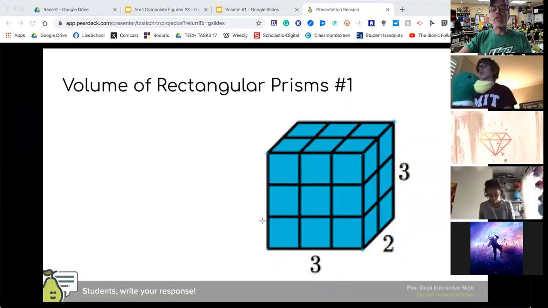Okay, so let me ask you this, Betty. What is the bottom layer of this solid made up of? How many cubes are on the bottom layer? 3. 3 in the front, and there's how many rows of those 3 on the bottom? 2. So how many total cubes are on the bottom layer? 6.